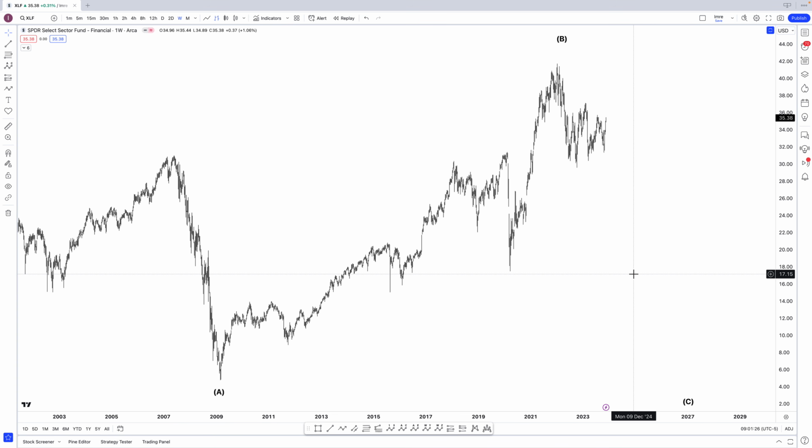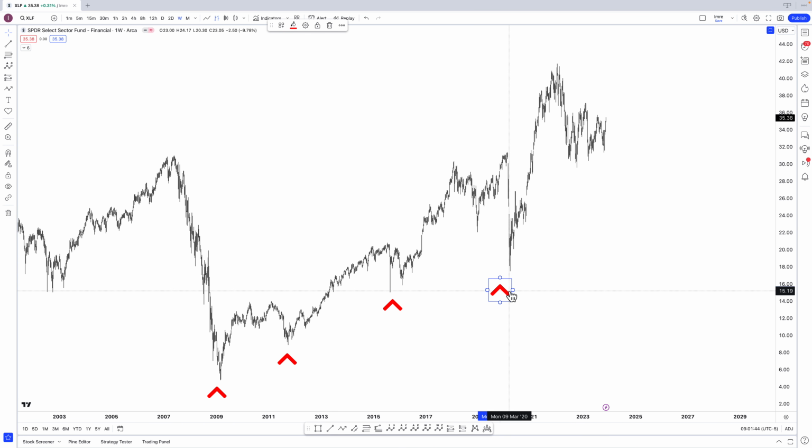But here, the stakes are very large. It's not helpful for me to say, well, it could go up or it could go down. I need to put parameters in place. So the parameters that I would use is market structure, because market structure is the only thing that can tell me in the here and now what's going on.